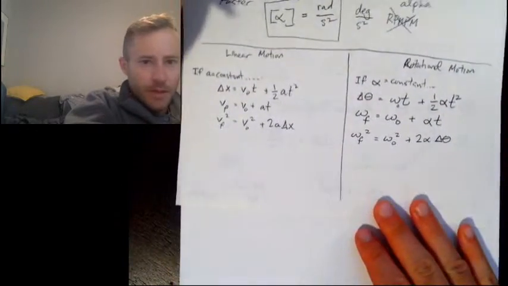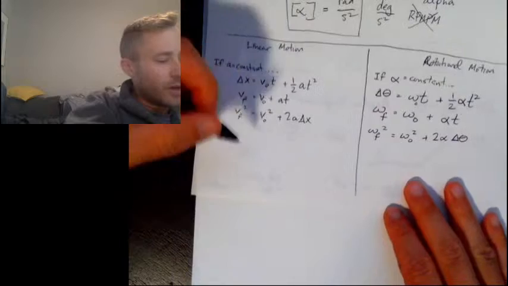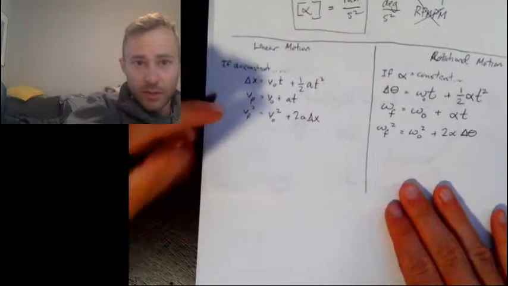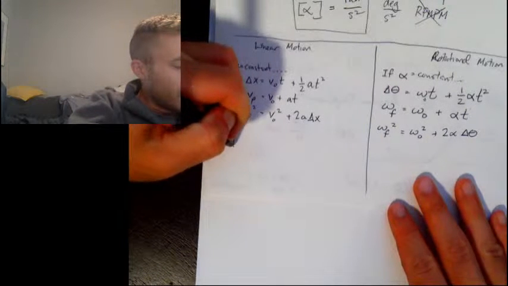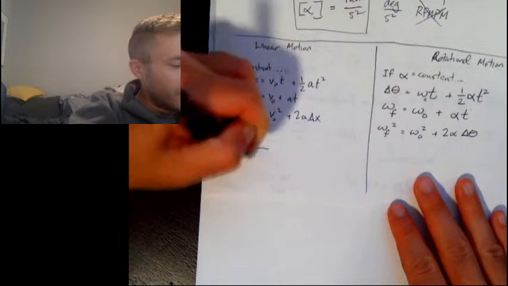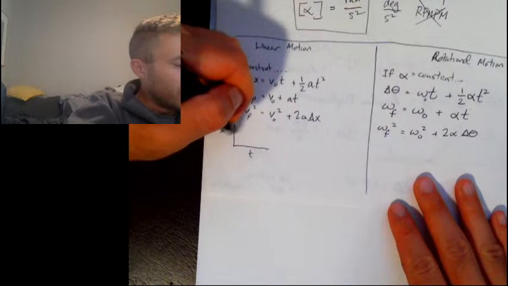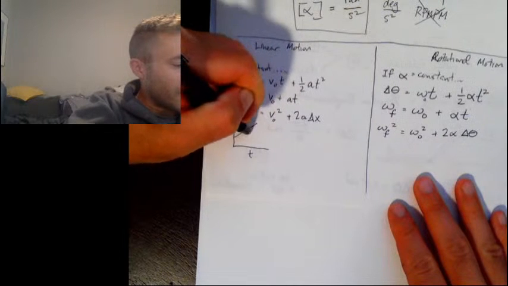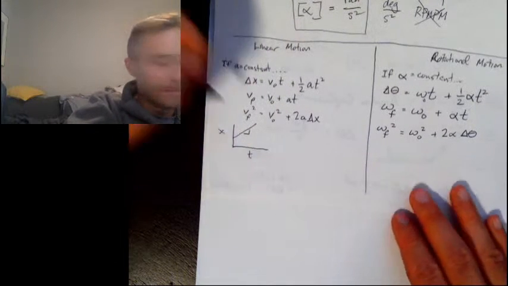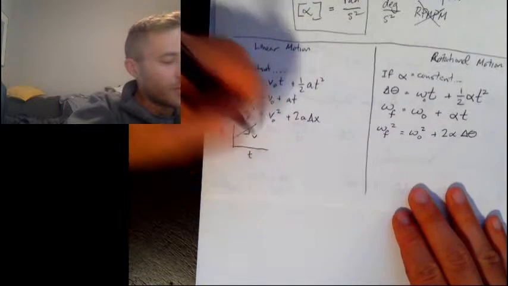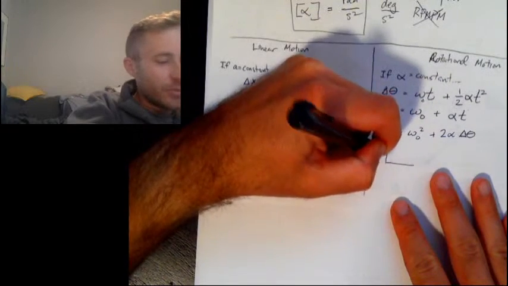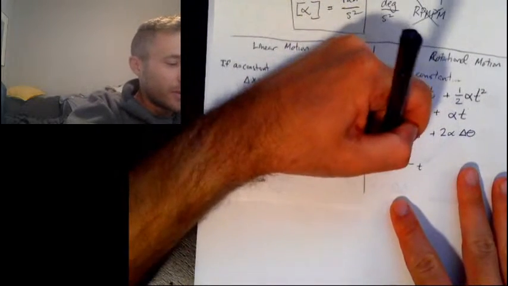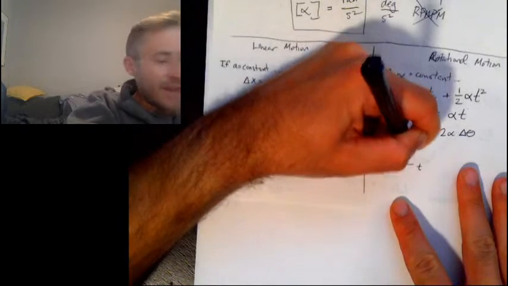There is one other thing. We could even talk about graphs of linear motion. Okay? If you have a position time graph, the slope of that position time graph is velocity. If you have an angular position versus time graph, the slope is angular velocity.